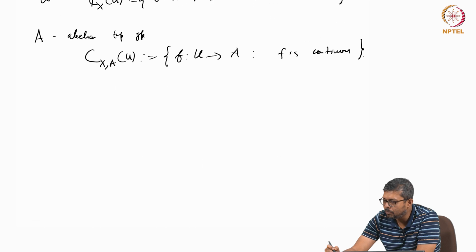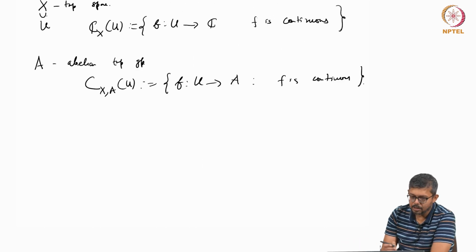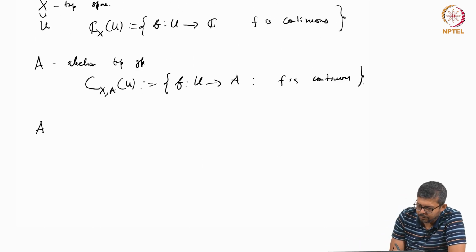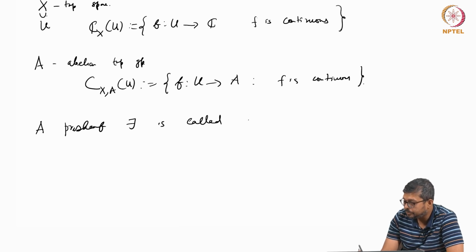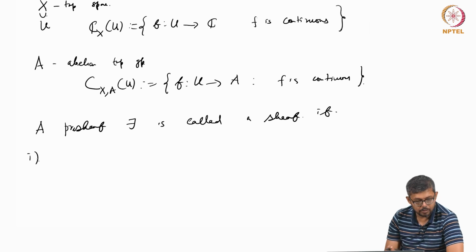A presheaf is called a sheaf if it satisfies the following two additional conditions.